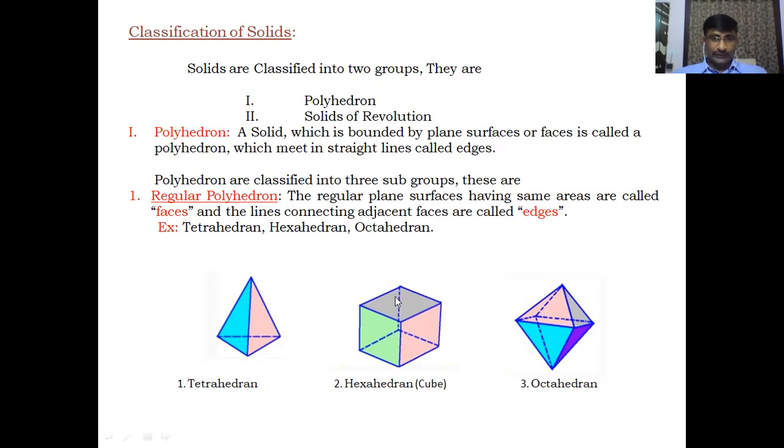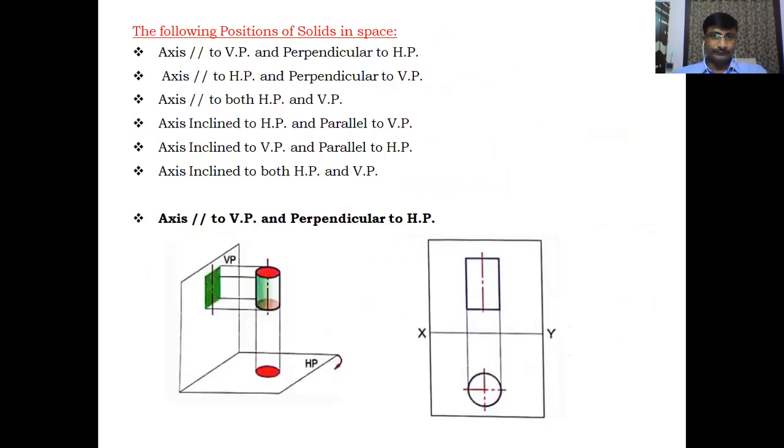Two faces are horizontal, 4 faces are vertical around the solid. Out of these 4 vertical faces, 2 vertical faces are inclined at an angle of 30 degrees with VP. It is given in the problem. 30 degrees with VP. Draw its projections.